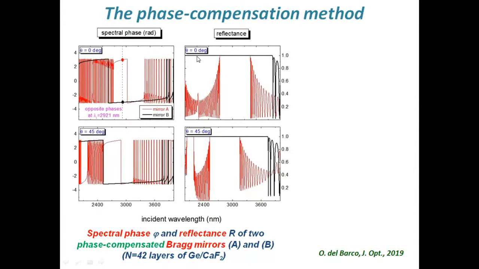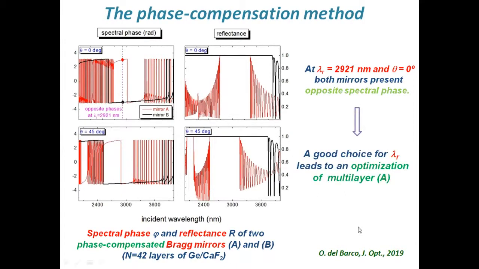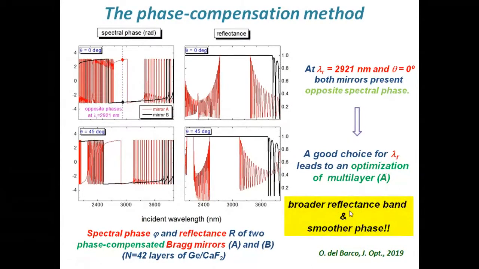This is for zero angle of incidence, normal incidence, and even for 45 degrees of angle of incidence. So with a good choice of this parameter lambda R, we optimize multilayer A. This is an important parameter, lambda R. So both conditions are attained: broader reflectance band and smoother phase.